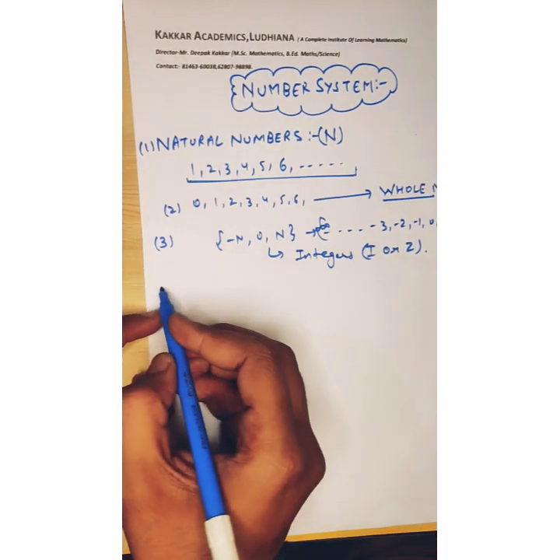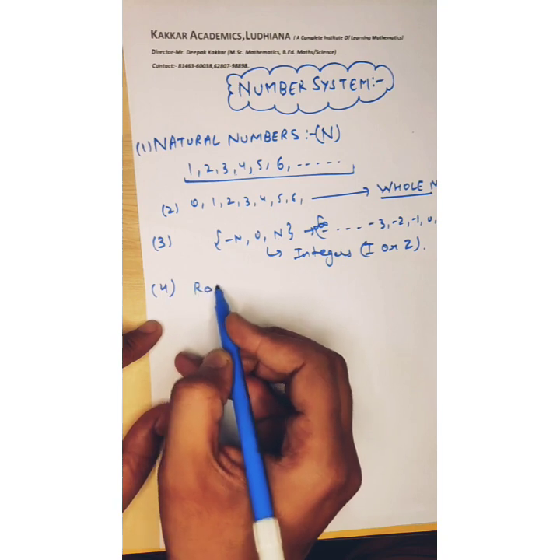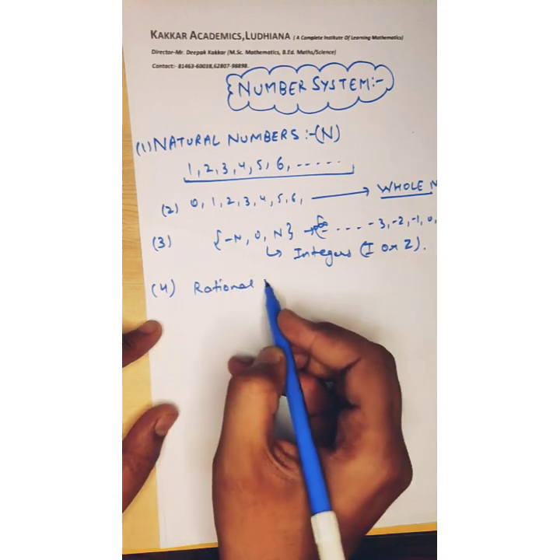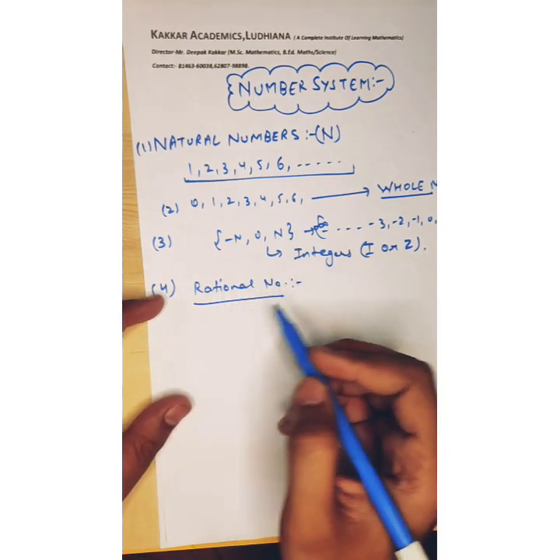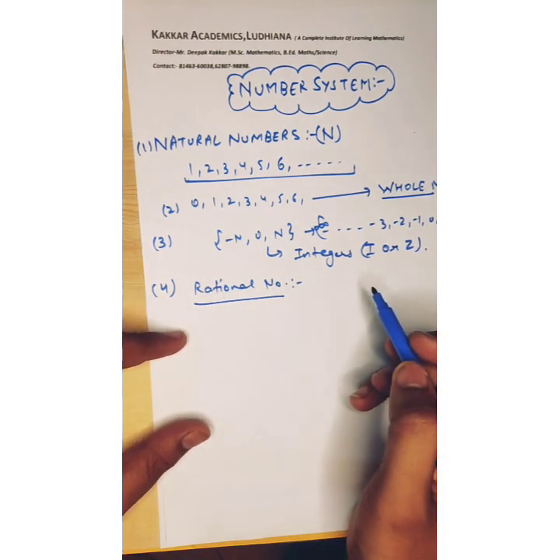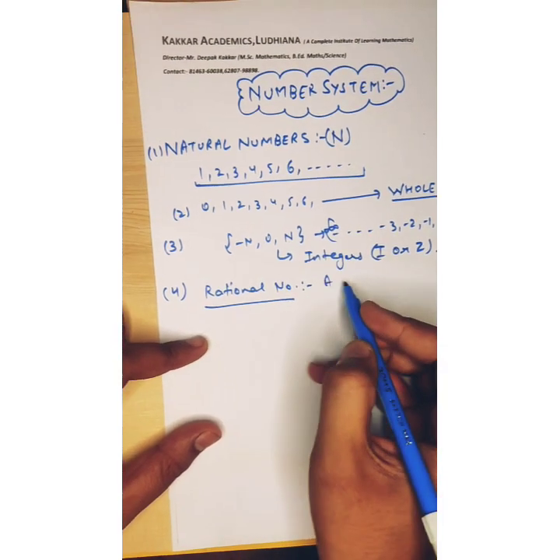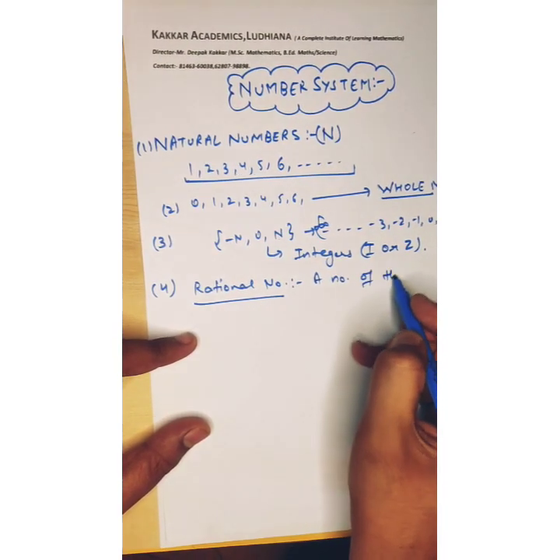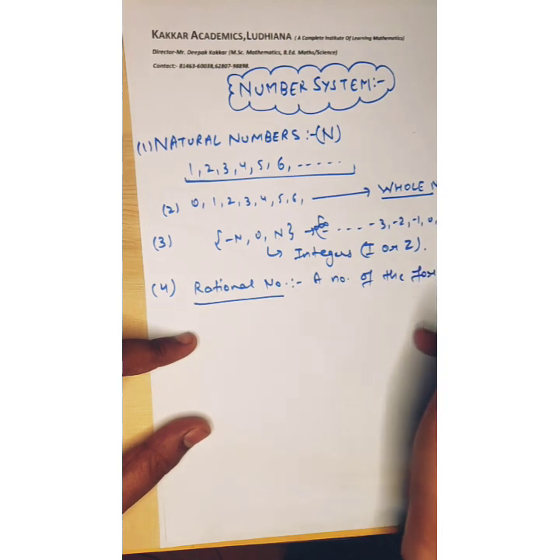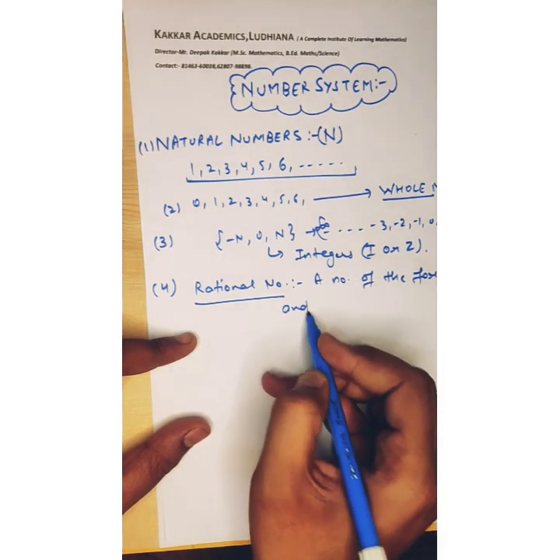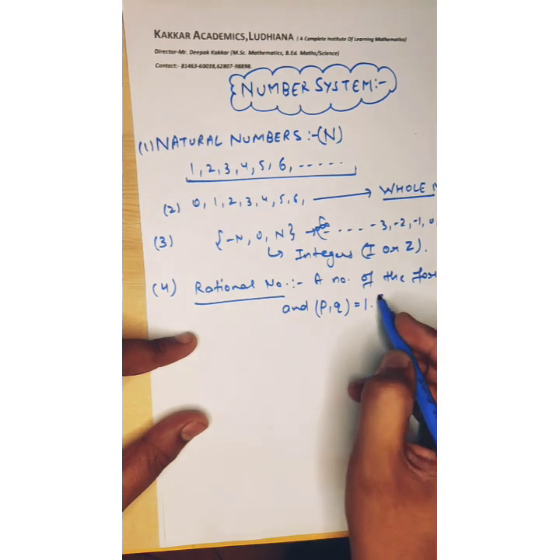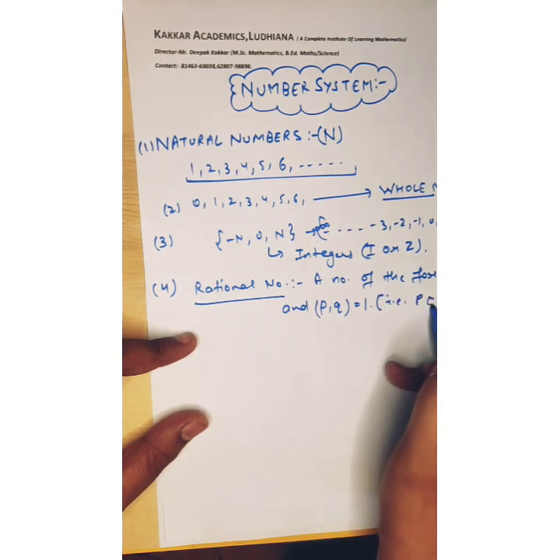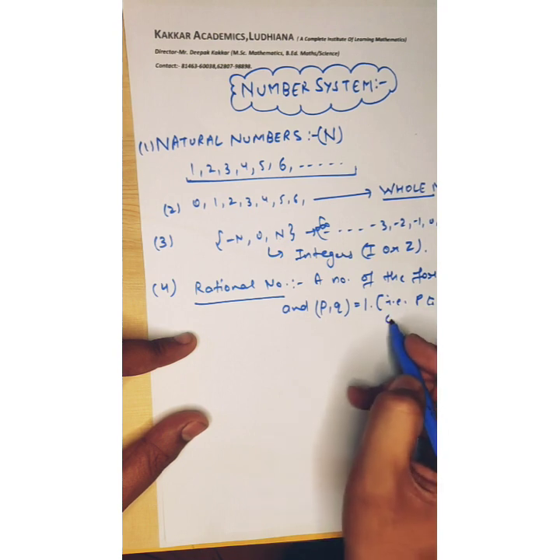Now the next is rational numbers. From the name it is clear what a rational number is: a number which is written in the form of a ratio. So a number of the form P by Q, where Q is non-zero, and the most important thing, P and Q are co-prime.